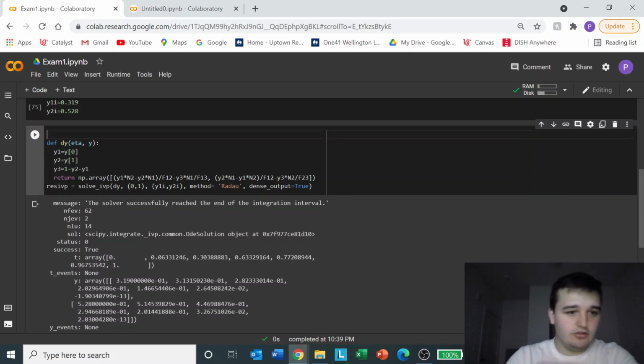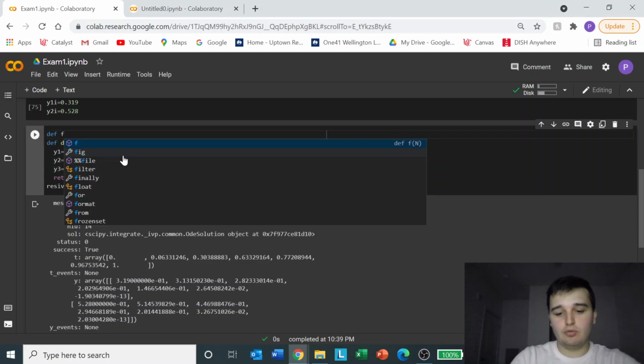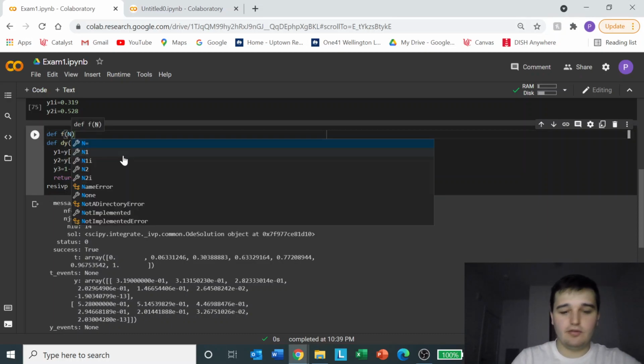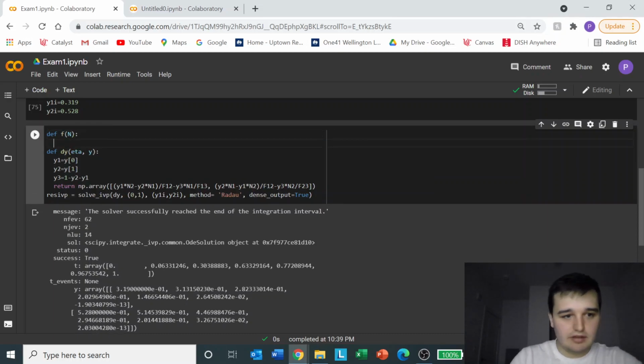So let's define another function, because we're going to have to define another callable function whose roots we want to find. In this case, we want to find the roots of n. So we want to adjust the molar fluxes in order to get the 0 mole fractions. So we need to nest this mole fraction IVP inside of the molar flux root solver.